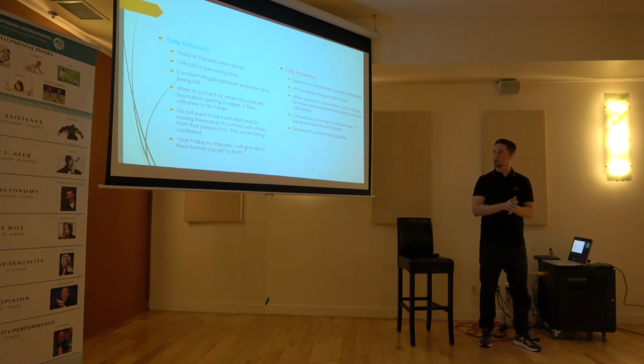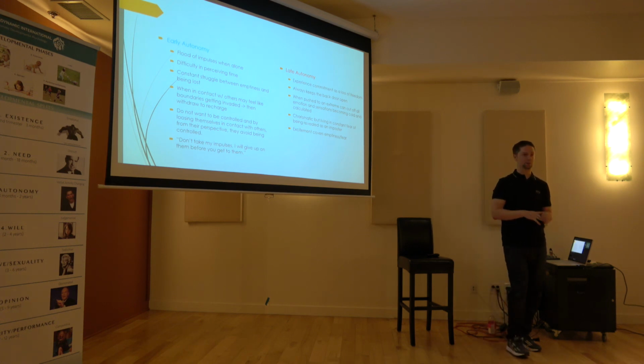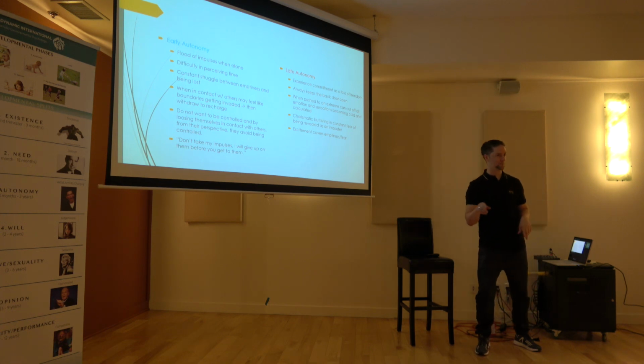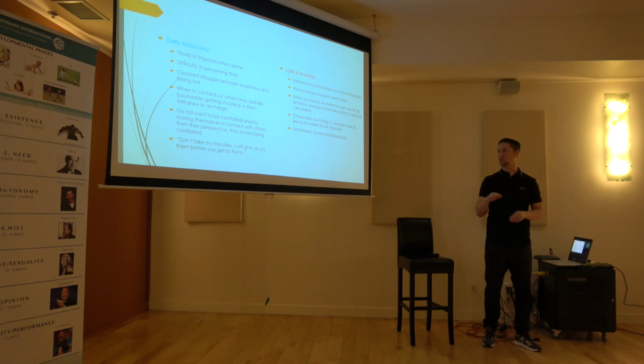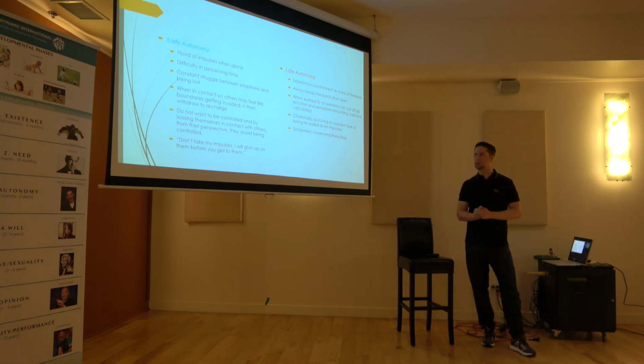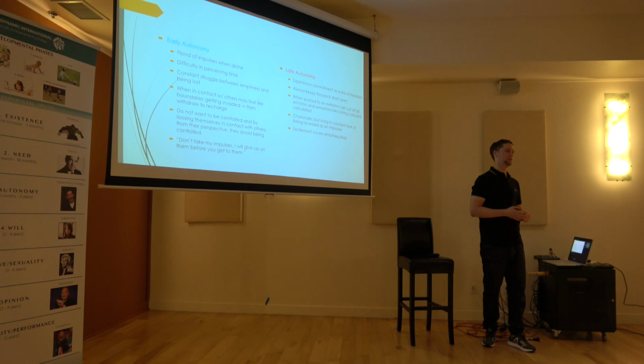So in the late autonomy position, they experience commitment as a loss of freedom. So they always keep the back door open, or they'll always keep one foot in the relationship and one foot out. When pushed to an extreme, they can cut off all emotion and sensations and become really cold and calculated. They're charismatic, but they're constantly living in fear of being revealed as an imposter.